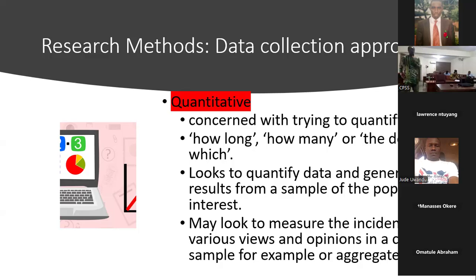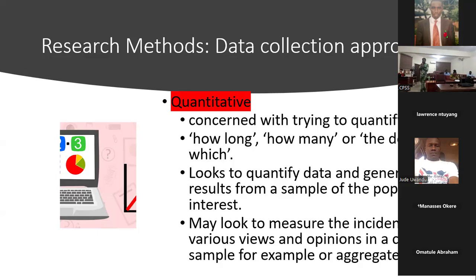So, quantitative: you are trying to quantify things, to really quantify the relationship and understand how this one is related to this one, how this one influences this one, how this one is different from this one.